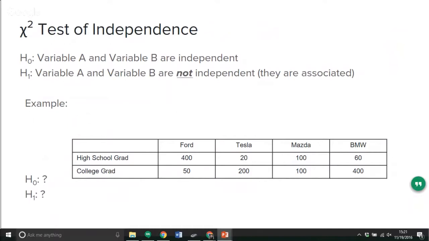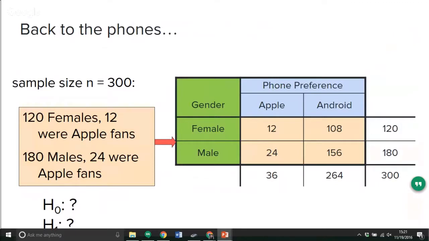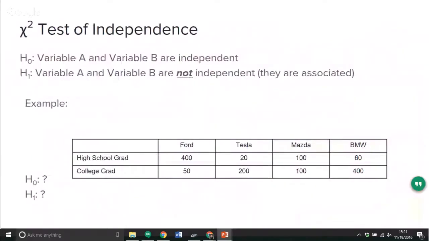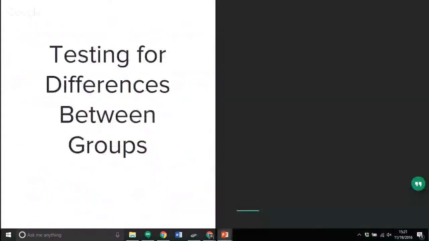So what we're saying is that, again, we are not rejecting the null hypothesis, which means that in this instance, gender and phone preference are not related. Okay, there's no sufficient evidence that the two variables are dependent on each other at 0.05. All right, so that is chi-square analysis.